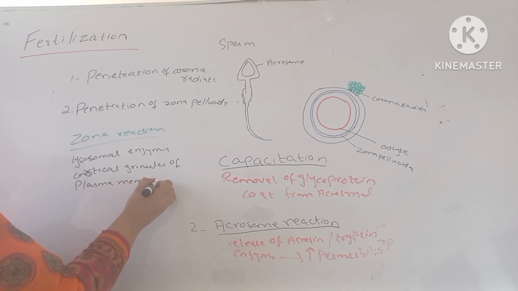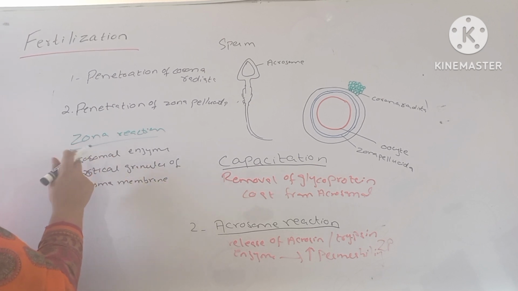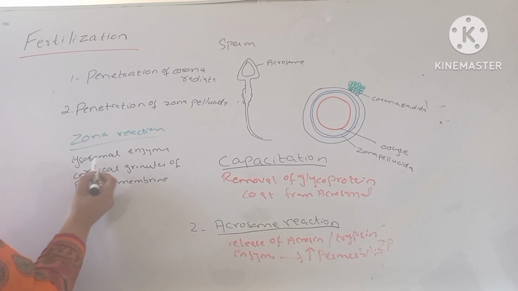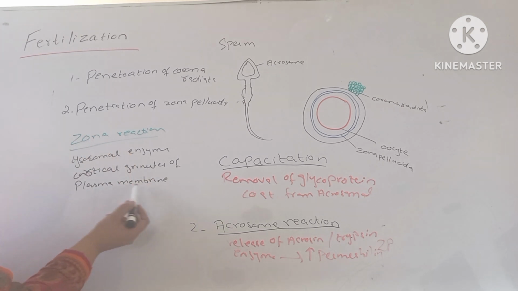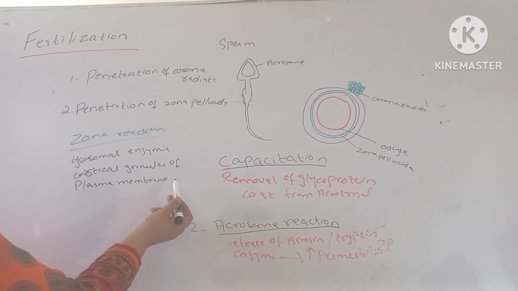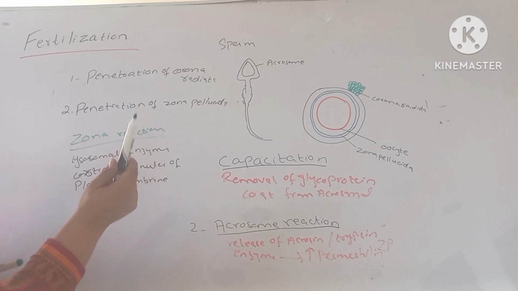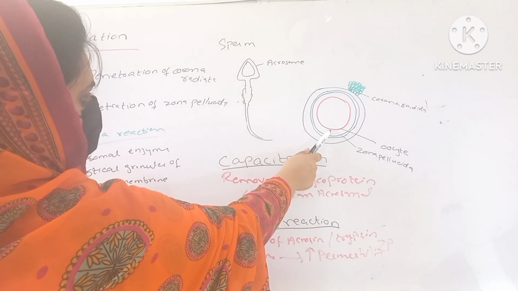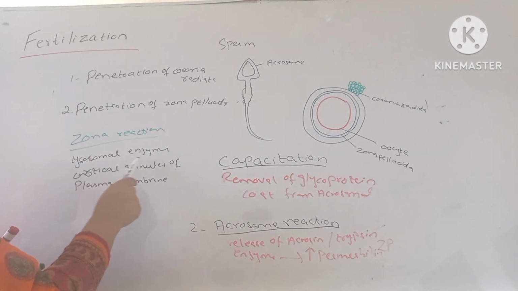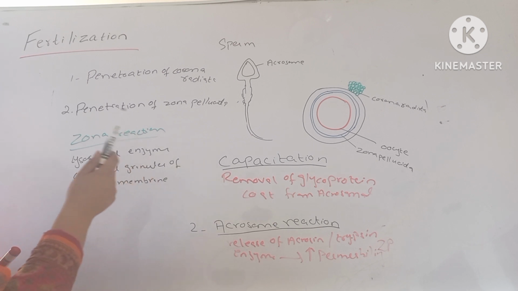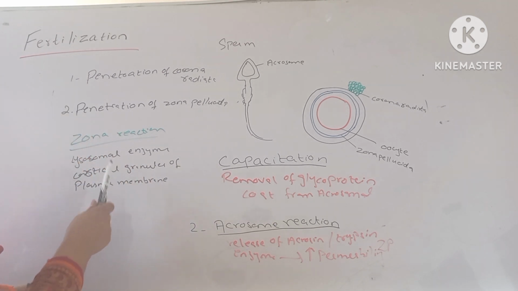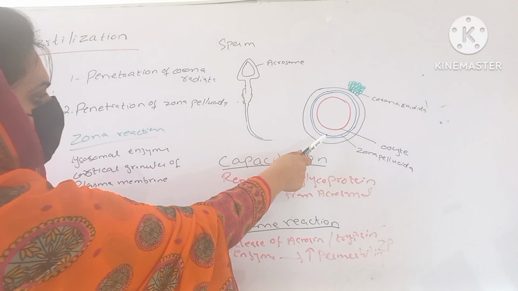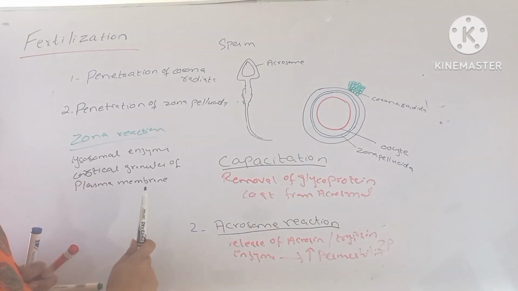So the zona reaction is the release of lysosomal enzymes from the cortical granules of the oocyte. These enzymes change the permeability status of the zona pellucida.